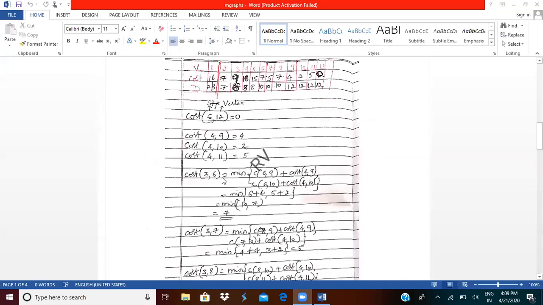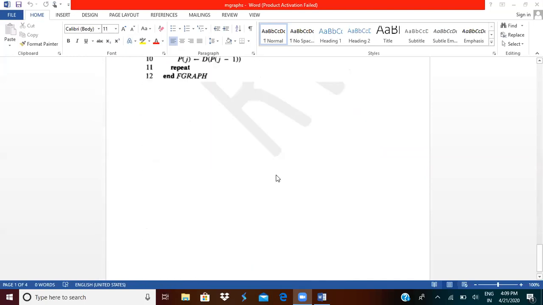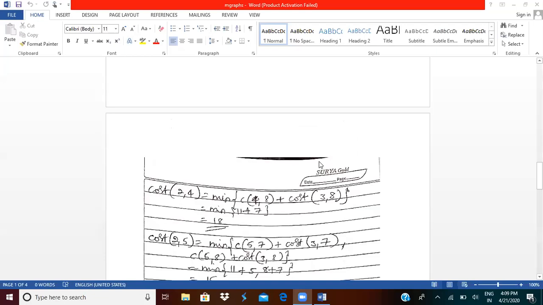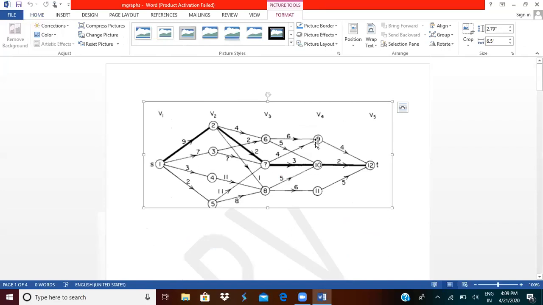C of 3 comma 6 is equal to minimum of C from 6 to 9. If you see this algorithm properly, let r be a vertex such that j comma r belongs to E. So cost of j to r, that is cost of 6 to 9 and cost of 6 to 10.